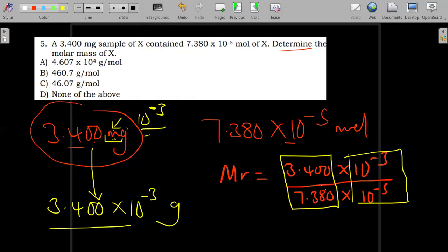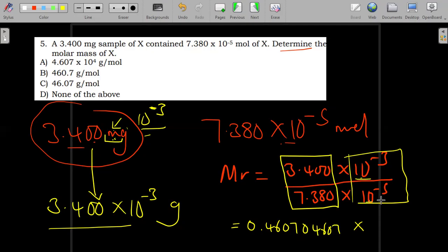So here you first type on your calculator 3.4 divided by 7.38. If I divide that, what I'm getting is 0.460704670, and then multiplied by 10 to the power minus 3 over 10 to the power minus 5.